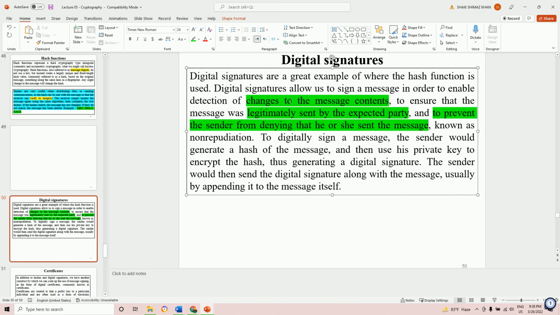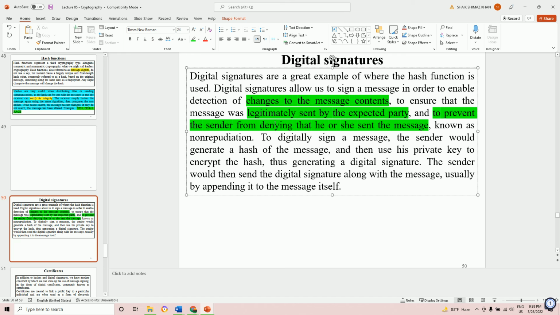If any message has been changed, it will affect the integrity. To verify the integrity, a signature can be used. And also to know authenticity, whether it is sent by the right person, that is legitimately sent by the expected party, a signature can be used. And also to prevent someone denying that he or she sent the message.